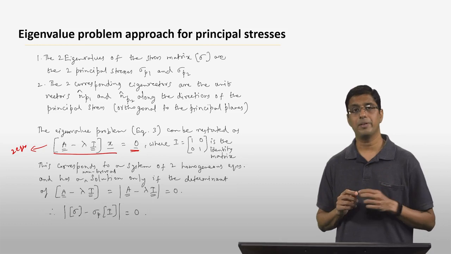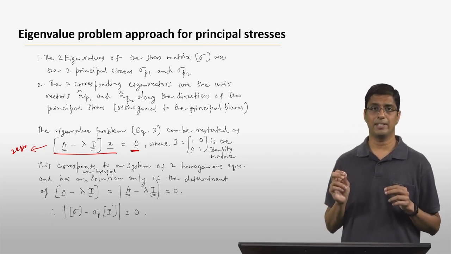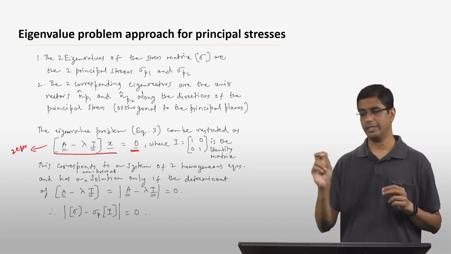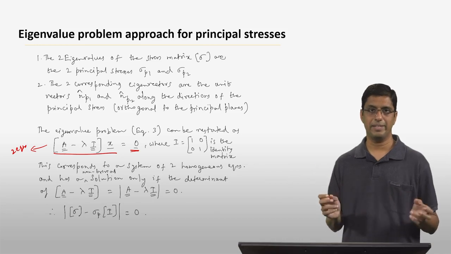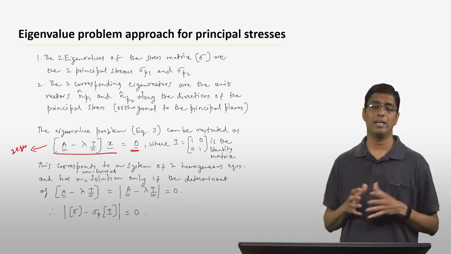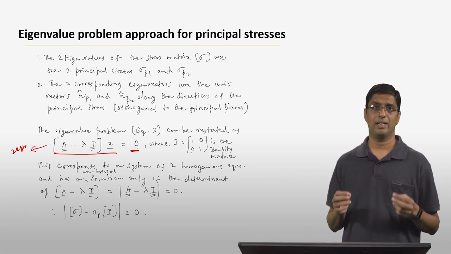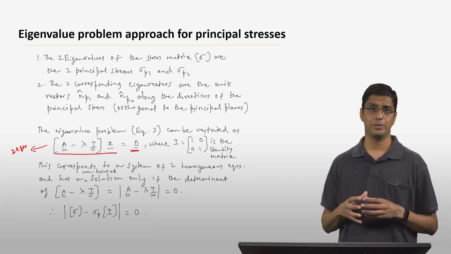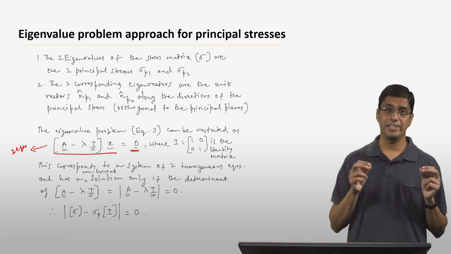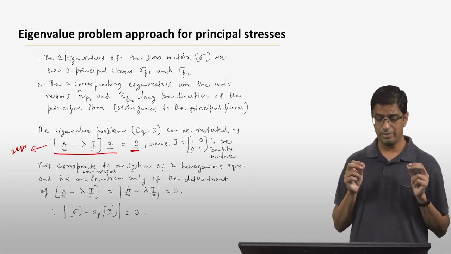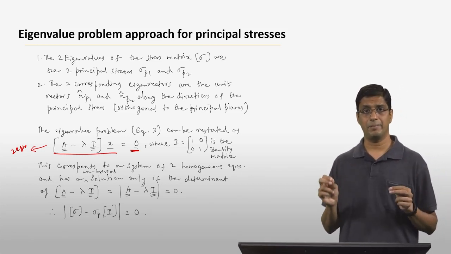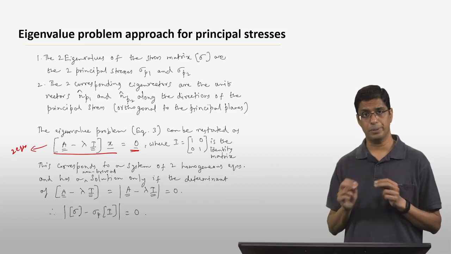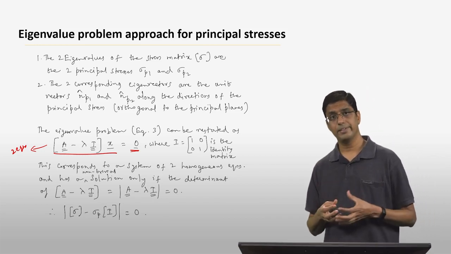By non-trivial I mean that the x vector is not 0, 0. If the vector is 0, 0, it doesn't mean anything. So to have a real, non-trivial vector, the determinant of this matrix A minus lambda I has to be equal to 0.